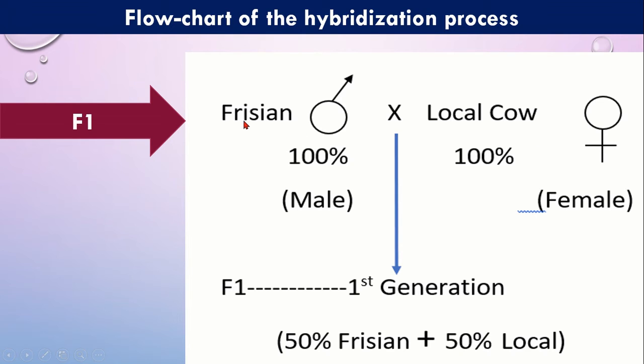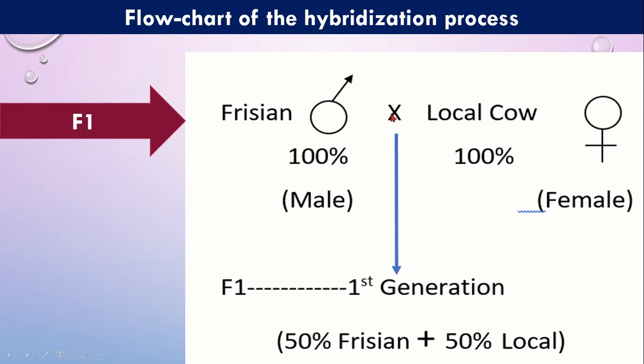First of all, we have to take a Friesian male cow or ox, which is 100%. That means there will be no hybrid or cross. And here a local cow, 100%. So here there will be no crossbreed or hybrid characteristics. 100% means the characteristics of Friesian are 100%, and here the characteristics of the local cow are 100%.